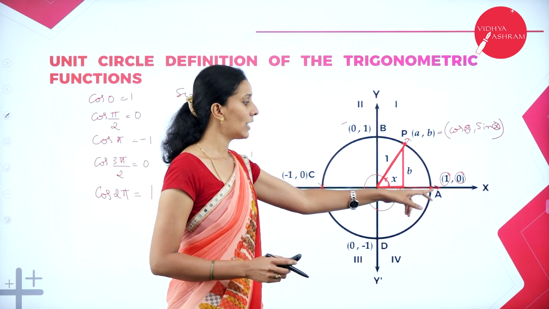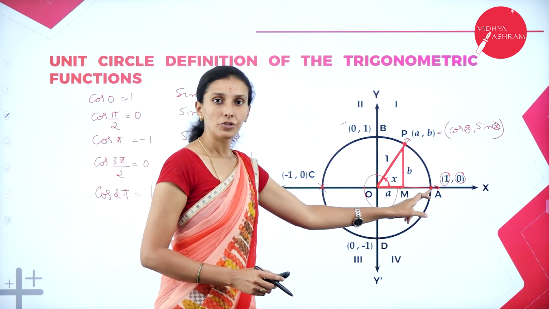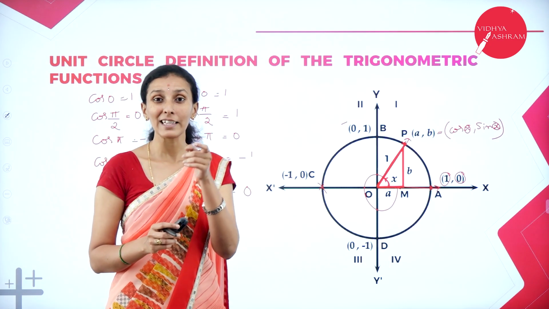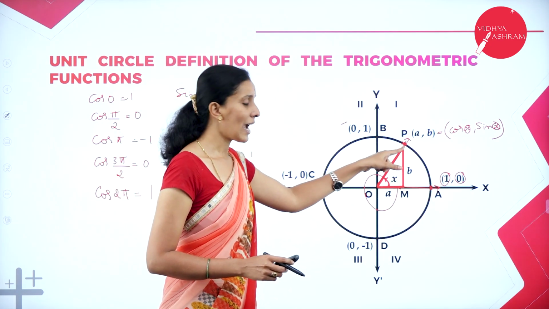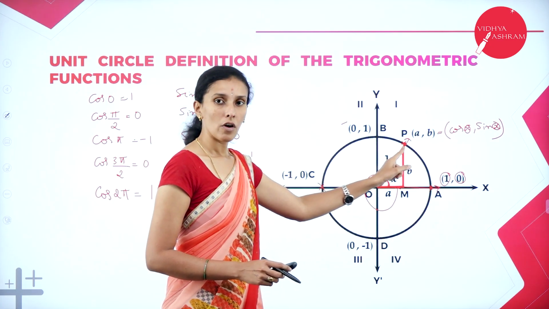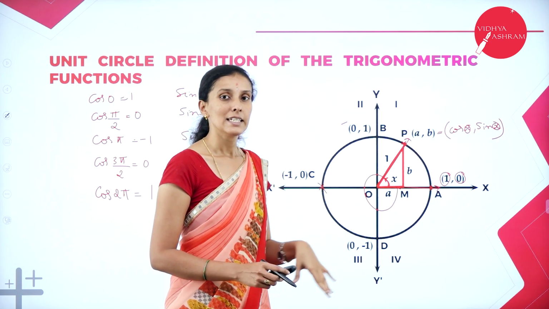So you can see here, from cos 0 we have started one complete revolution to cos 2 pi. The value of cos 0 and cos 2 pi is same. Why? Because they reach the same point. Similarly, if you start from point P, after one complete revolution, the coordinate of point P is again a comma b only. That is cos x and sin x only.